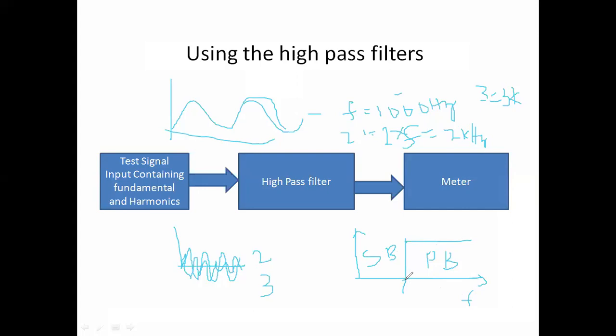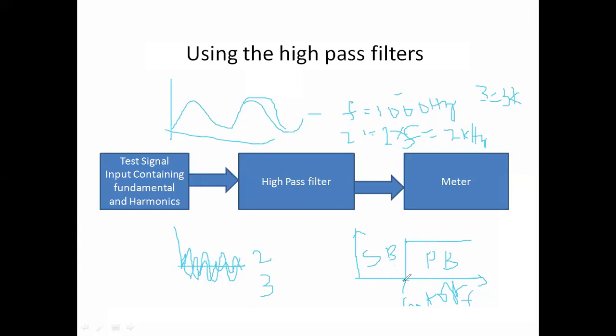This one is called the cutoff frequency point. So this is the cutoff frequency of the high pass filter; above this it allows all other frequency components and stops the components below.